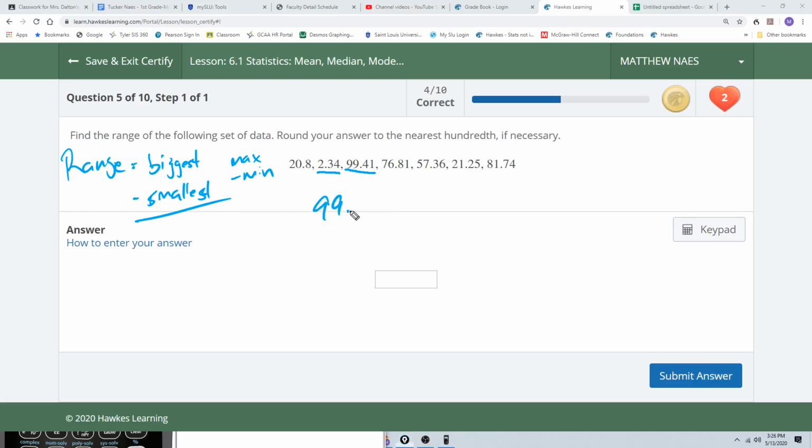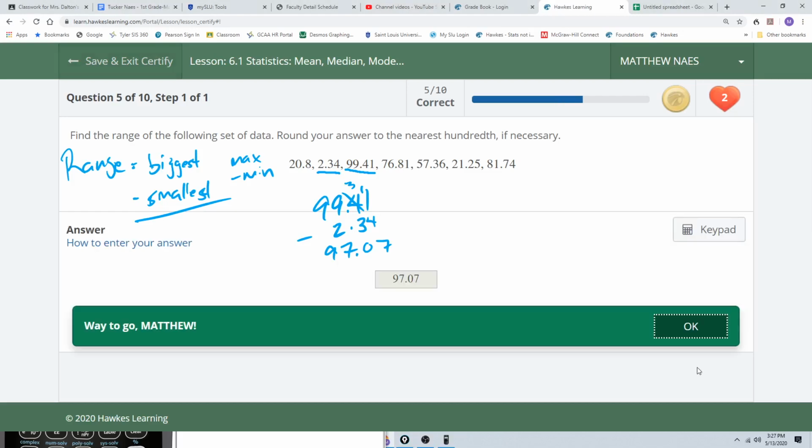So 99.41 minus 2.34, if we borrow first, is 97.07. There we go. So that's your formula, biggest minus smallest. Find your biggest number, subtract your smallest number, you're done.